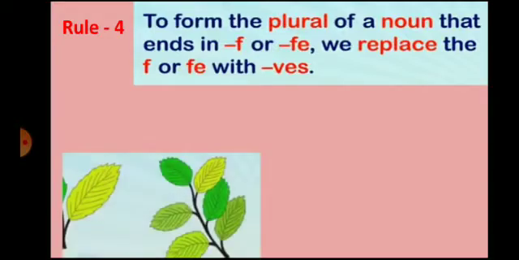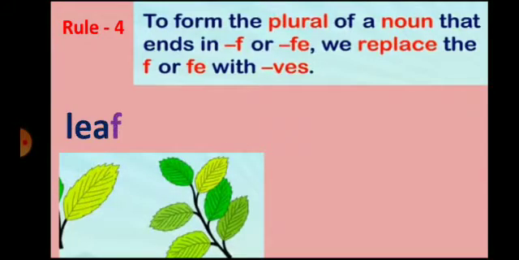Now let's see. What is this? This is a leaf. Can you see? There is f at the end. So what does the rule say? Cut f and write ves. So we have written the remaining spelling lea and then we add ves. So it becomes leaves.